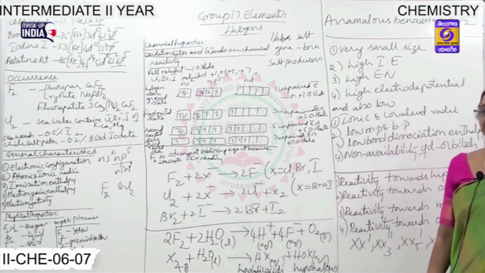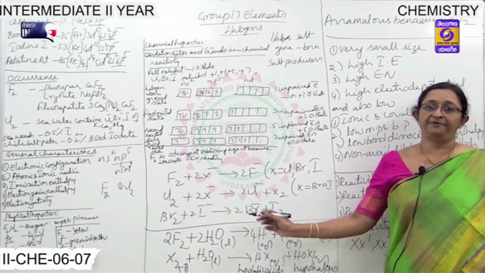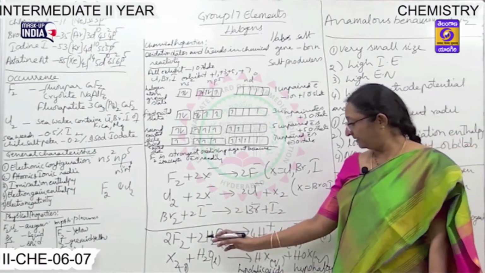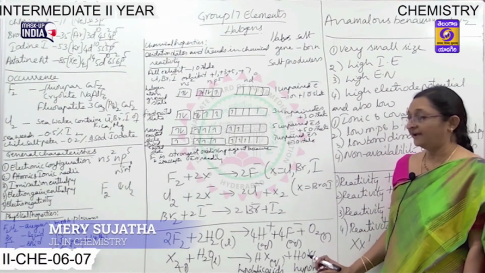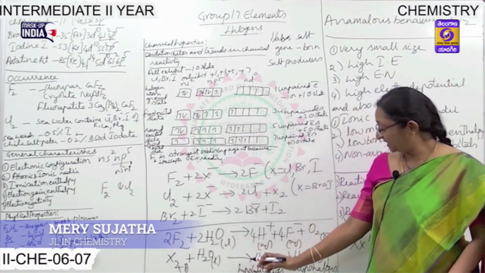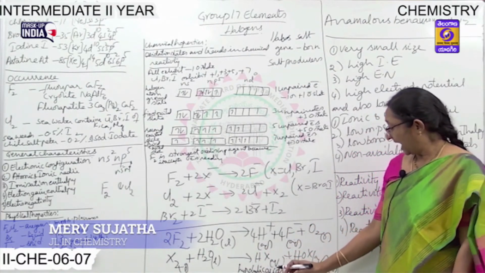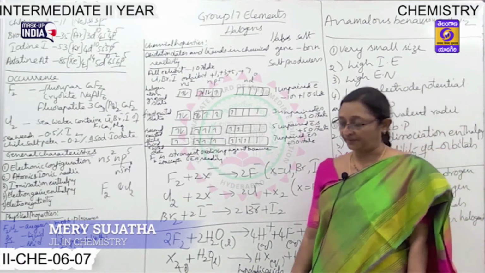Then reaction with water or reactivity towards water. If we see, fluorine reacts with water and gives out oxygen, whereas other halogens react with water and form hypohalic and hypohalous acid. Okay.